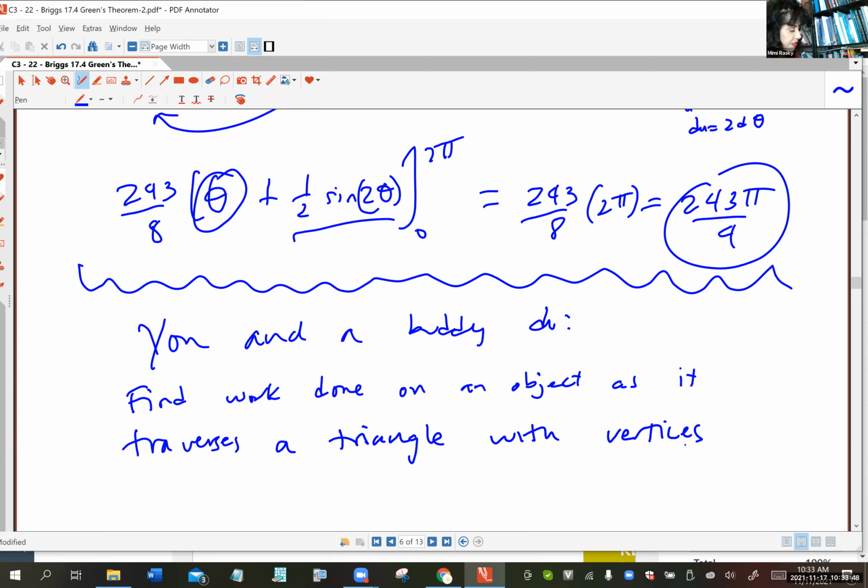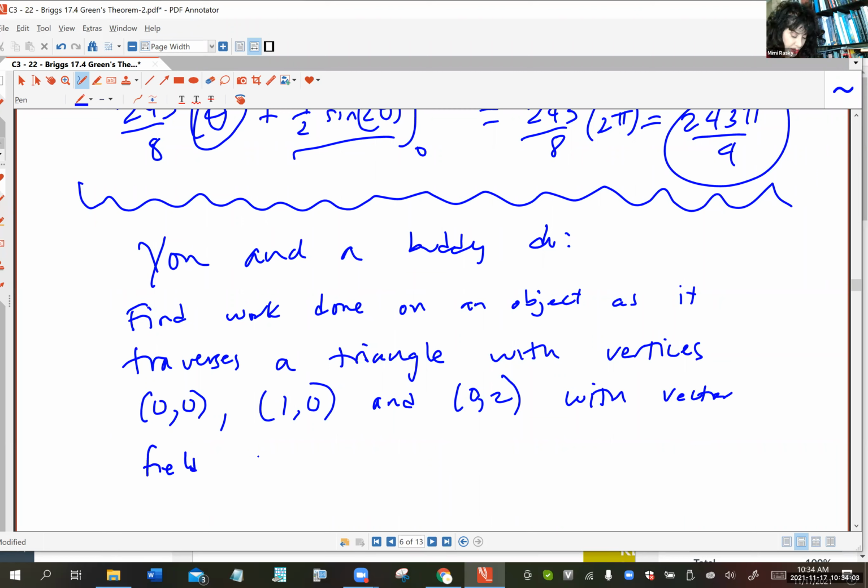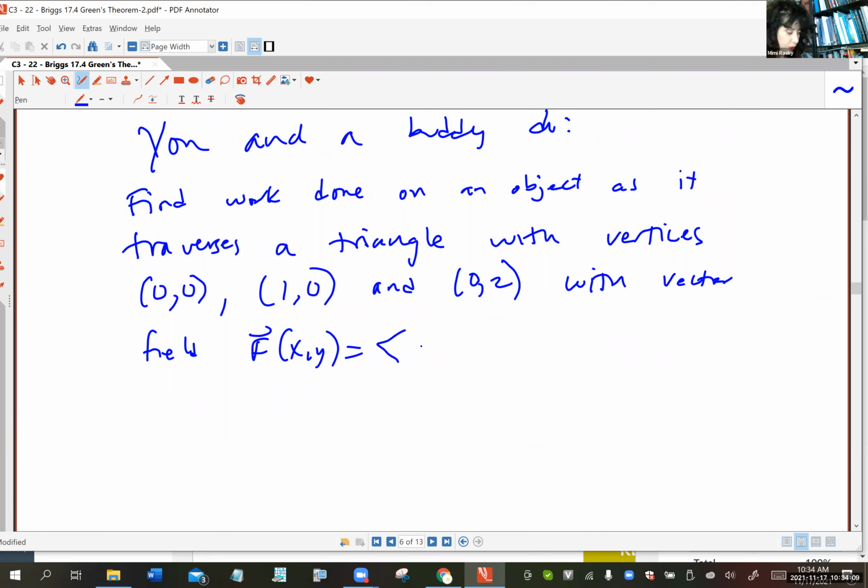The vertices of this triangle are (0,0), (1,0), and (0,2), with the vector field F of x,y having these components: -3y, 3x. So there's the M and there's the N.